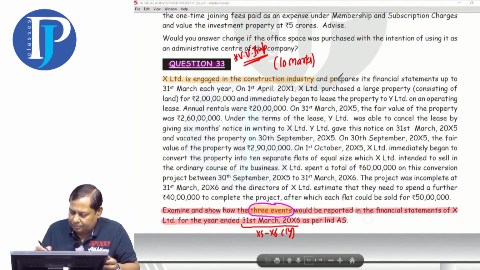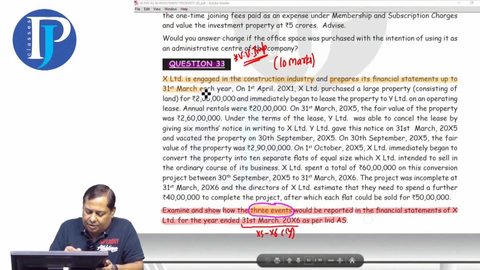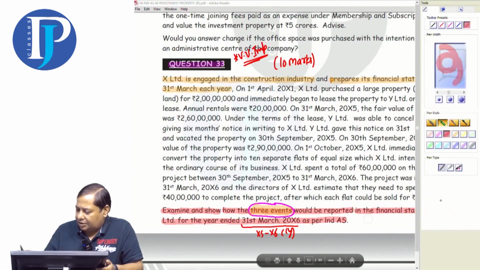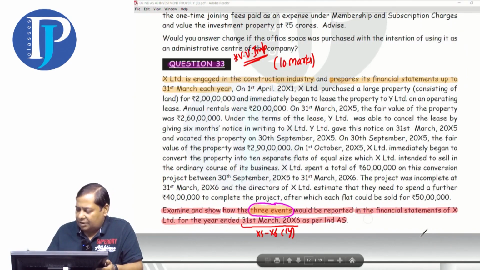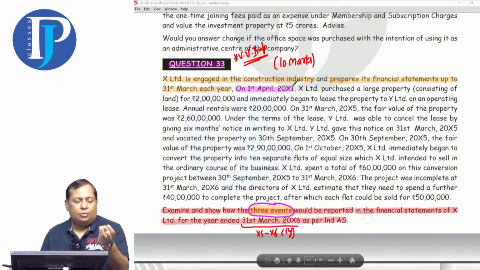It prepares its financial statements up to 31st March each year. Are we clear? It is under construction. The books are closed every year on March 31st. April 1st, X1. X1, X2.